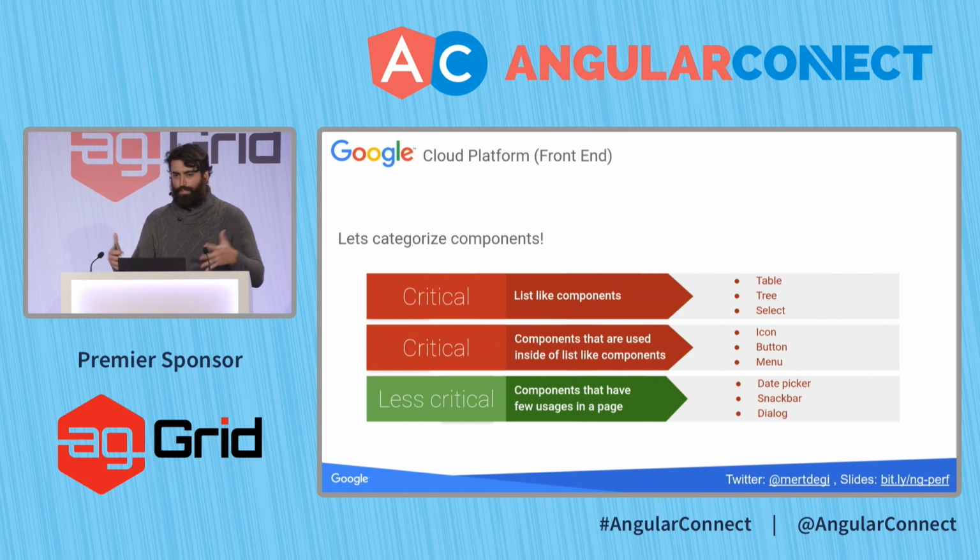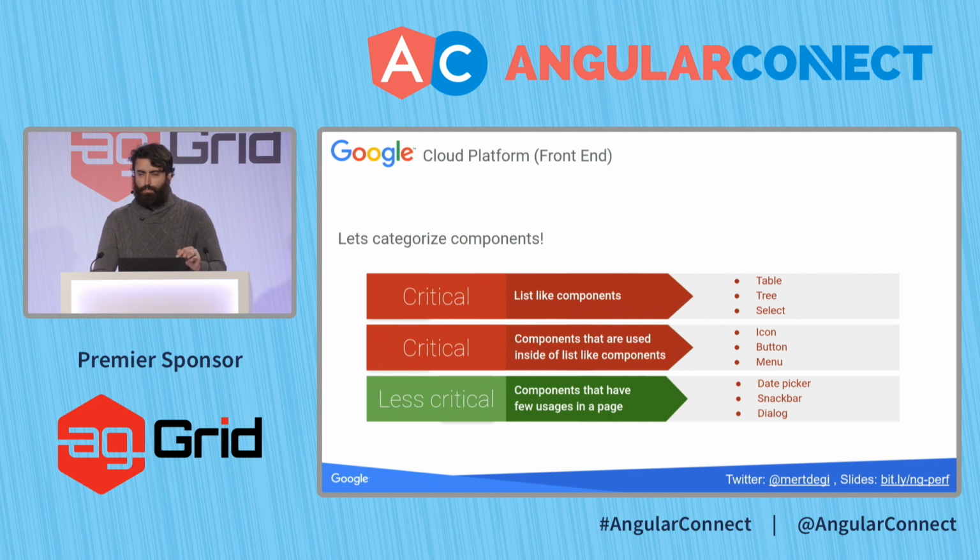If you have lots of data going into these components, it's important that these components have good performance because that's where the data is, and that's where the problem is going to happen, and the browser is going to be slow because of the inefficiencies in these components.